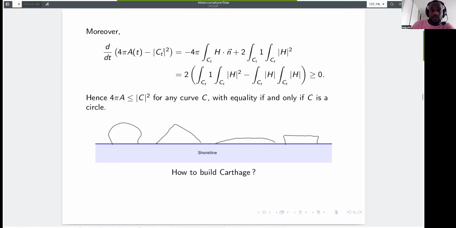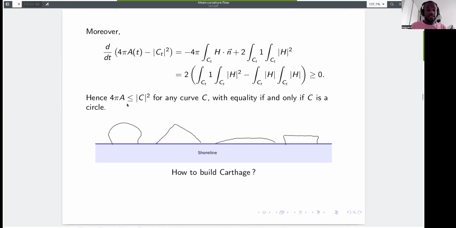So this quantity is increasing, and we know that at extinction time, this quantity will be 0. So at t equals 0, this is negative. So 4 pi times the area at time 0 is less than the perimeter to the power 2.